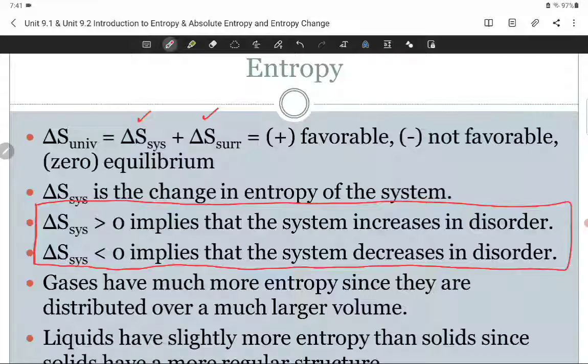If it's less than 0, it's decreasing in disorder. And then gases, because they are so far apart from each other and they're moving so fast, have tremendous entropy compared to solids or liquids. So if we have to look at some reactions and there happens to be some gases, some liquids, and some solids in the reaction, we're only going to be considering the gases in terms of entropy.